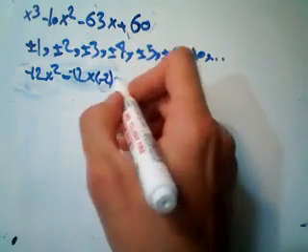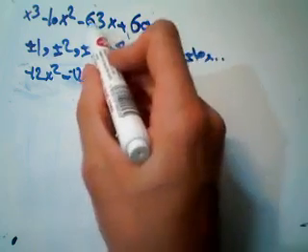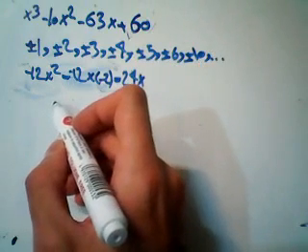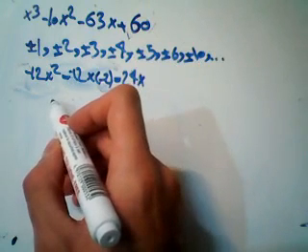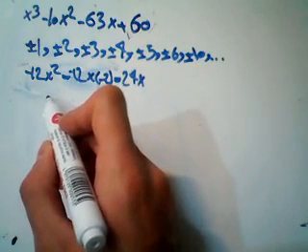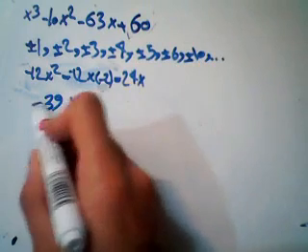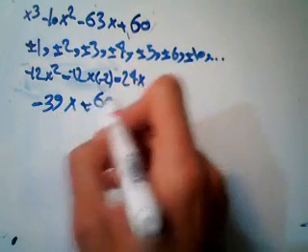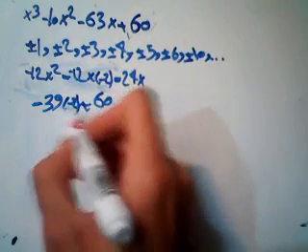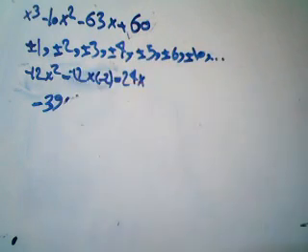Minus 2 times minus 12 is 24x, 24x minus 63x would be minus 39x, plus 60. If you substitute minus 2 here, that would be positive, not 0.